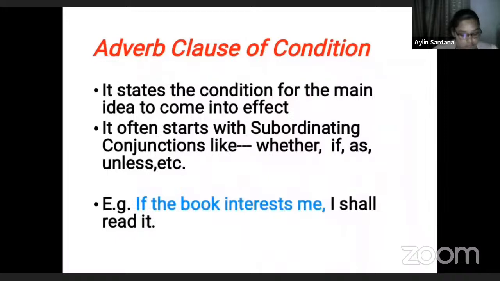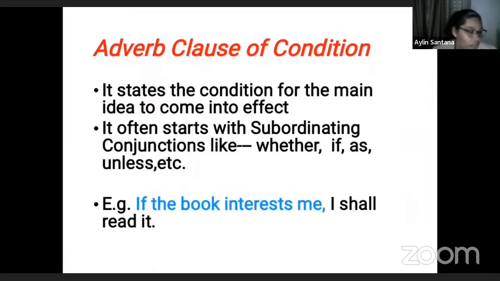If the book interests me, it's a condition, then I shall read it. So adverb clause of condition states the condition for the main idea to come into effect. If the book interests me, then only I can read it. I shall read it, which means there is a condition over here. The book should interest me. The book should be interesting. So it's an adverb clause of condition: if the book interests me.